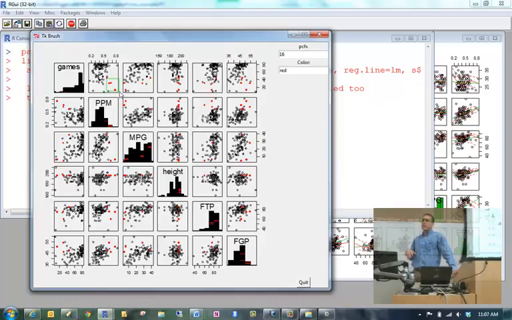This is helpful to see the relationships between the variables, not just in the one scatter plot, but across. So we can see, for example, large values of ppm corresponding to a small number of games played, and it's highlighted throughout the plot.